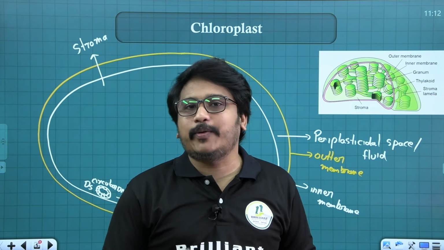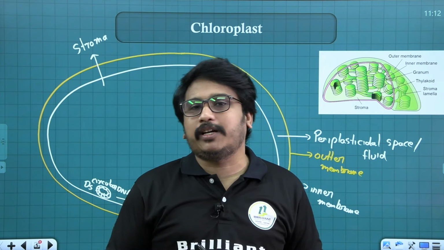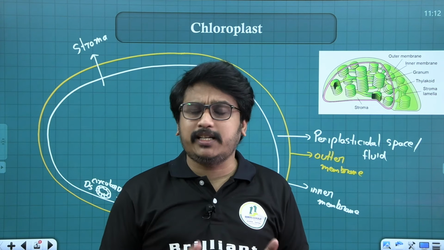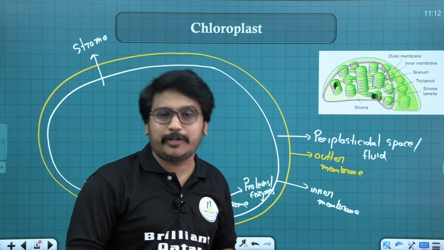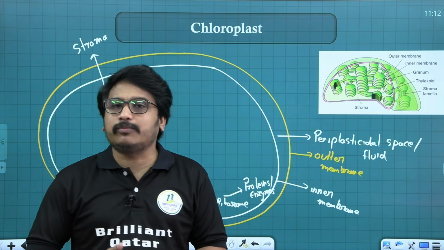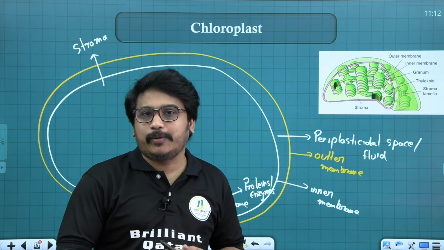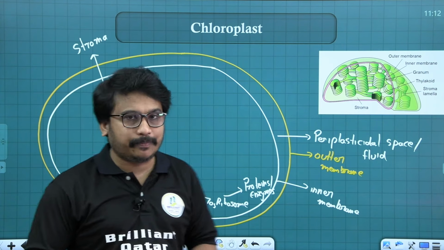Understand, eukaryotes have both 80S and 70S. In the rough endoplasmic reticulum and so on, the ribosome found is 80S. But in cell organelles like chloroplast and mitochondria, the ribosome found is 70S. So please remember, eukaryotic cells have both 80S and 70S ribosomes.